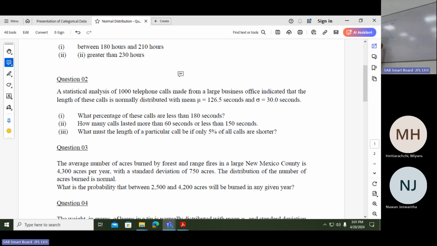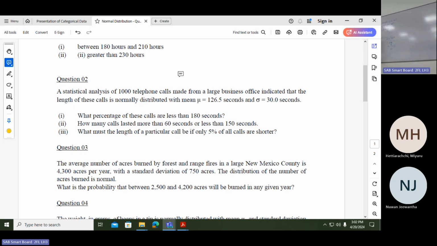Then what is the z value here? 180 minus mu, 126.5, divided by 30. What is the answer? 53.5 divided by 30, the answer is 1.78.